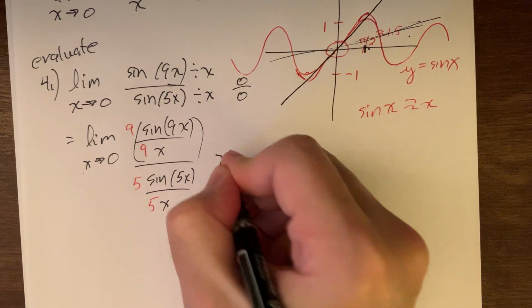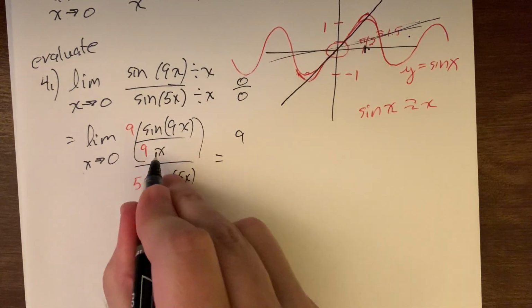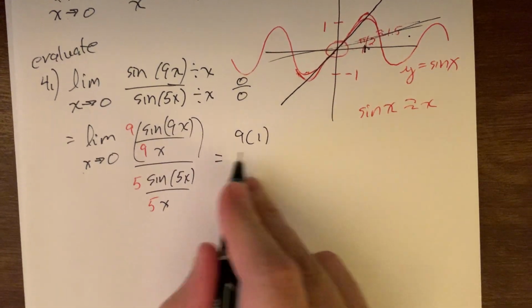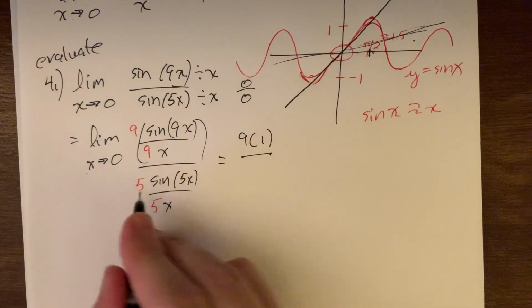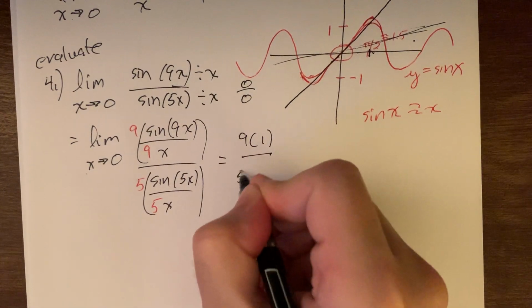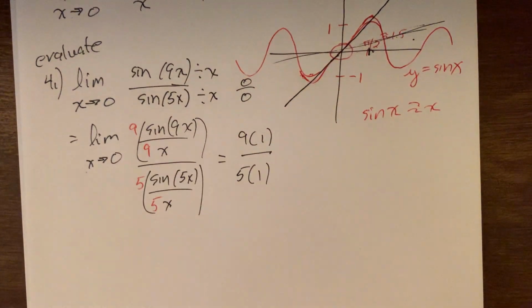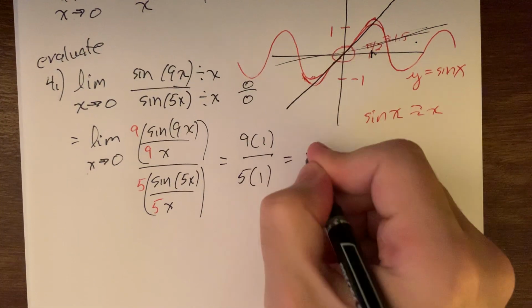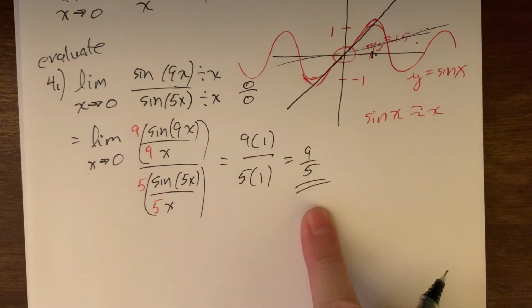Here, the 9 pushes along, and there's your sin u over u. So there's a 1 as u goes to 0. Over 5 pushes along, sin u over u as u goes to 0 is 1. So 9/5 for our final answer.